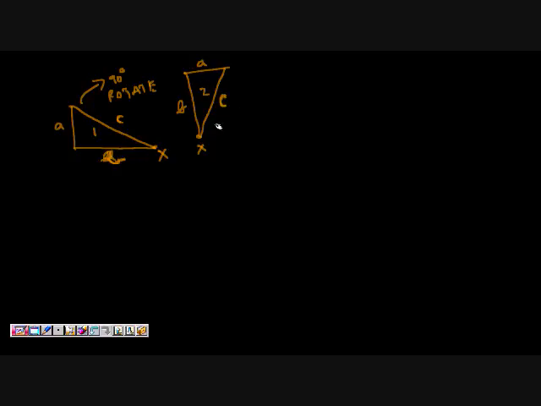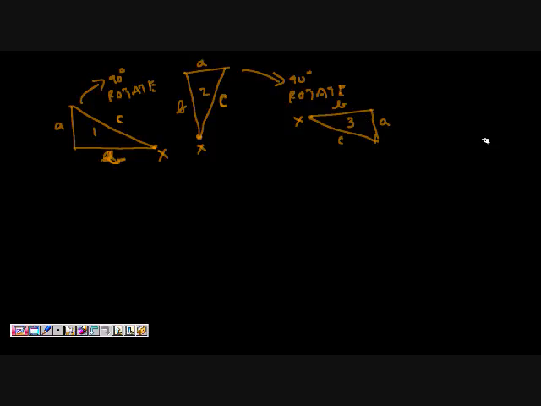Now let's rotate this another 90 degrees on point X. When you rotate that by 90 degrees, you get this triangle here. So this is A, this is B, this is C. So this is your point X. Let's call this triangle 3.